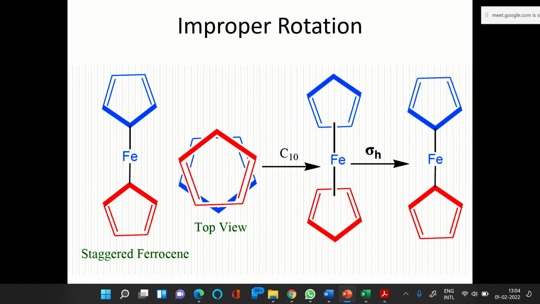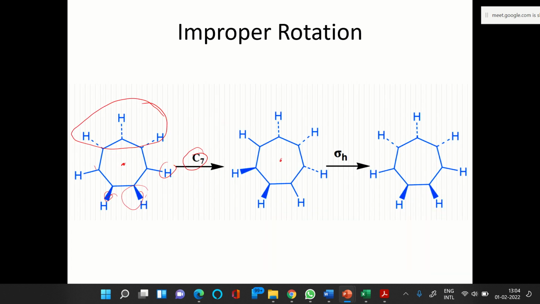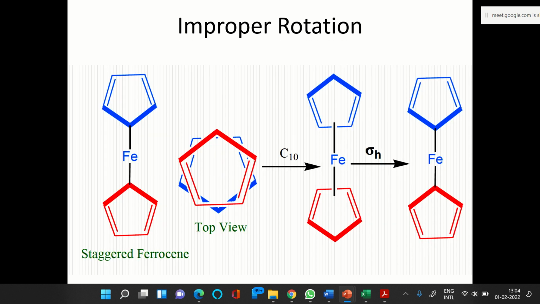These are examples of ferrocene type molecules. This is an example of cyclopentadienyl Fe, connected to two cyclopentadienyl anions, C5H5 minus. Again, staggered conditions typically give you this kind of thing.